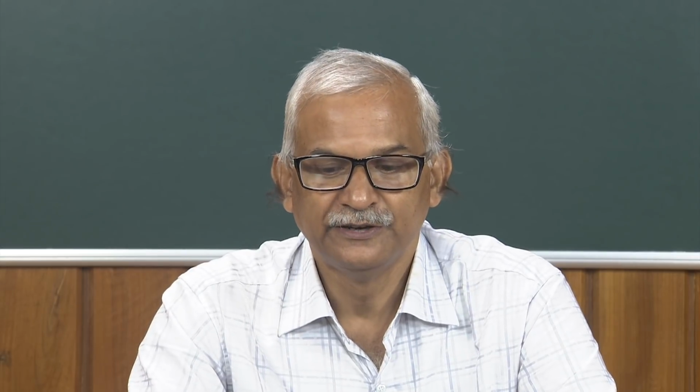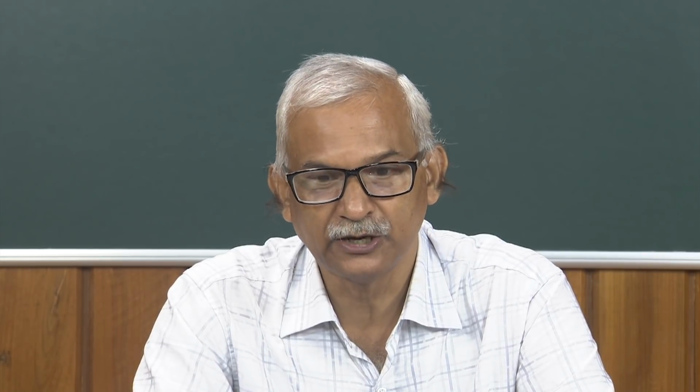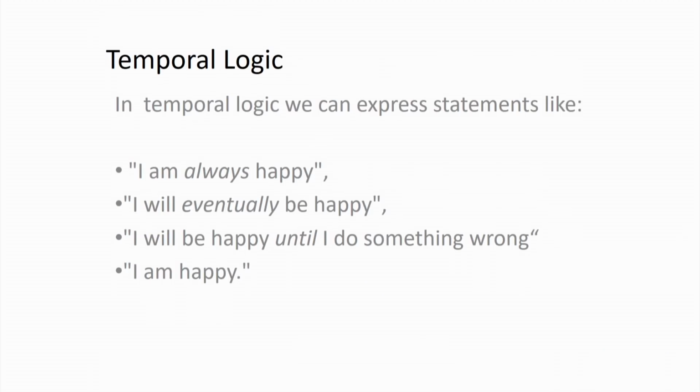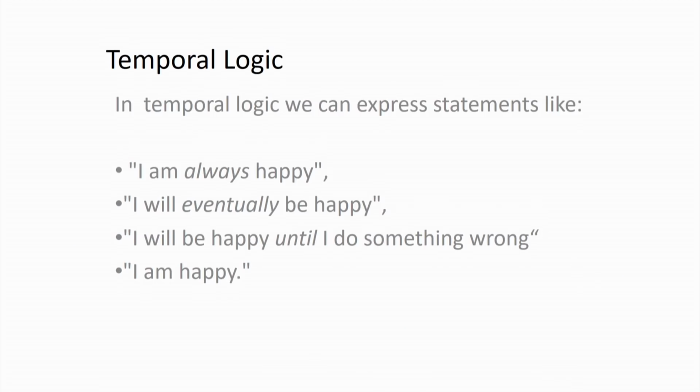Now, what can we specify in our temporal logic? A very simple statement: say I am always happy. Can I specify this in temporal logic? Yes, we have constructs to specify these things. Or we can say that I will eventually be happy. Now, I may not be happy today, but in future, or eventually, I will be happy.